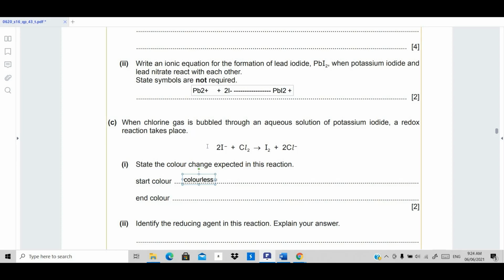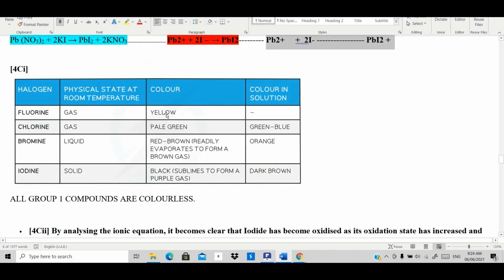You can see here a redox reaction takes place. Iodine is produced, but it's in solution. Iodine and chloride ions are present. So you need to mention the color in solution. You can see here there are two columns given, the color and the color in solution. Now, for iodine, you need to check the color in solution because you can see the Cl minus ion was present.